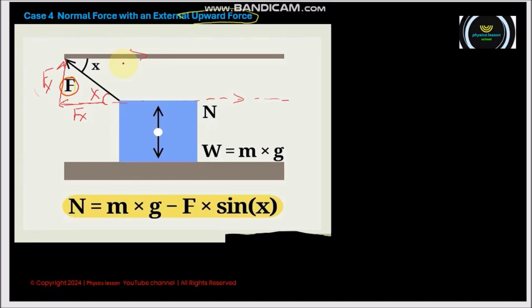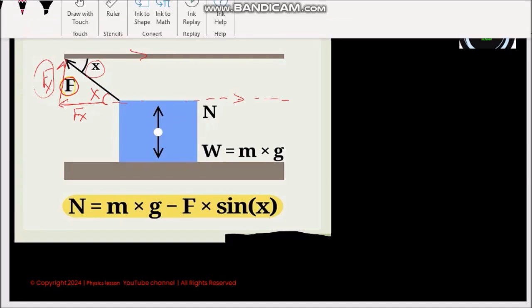We don't use this upward force directly, we have to decompose it because we have the angle theta.